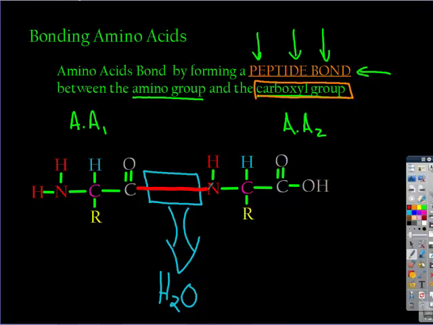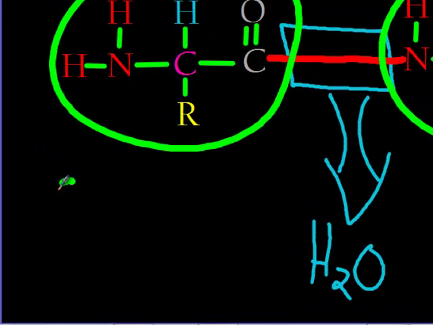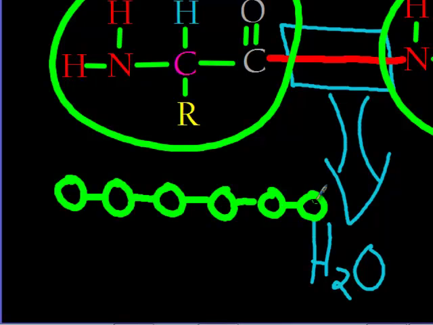But essentially what I have now is two amino acids, amino acid 1 bonded to amino acid 2. And then that would happen over and over and over again. If I just do circles to represent an amino acid bonded to an amino acid, amino acid, amino acid, etc. Remember, these go hundreds or even thousands long.